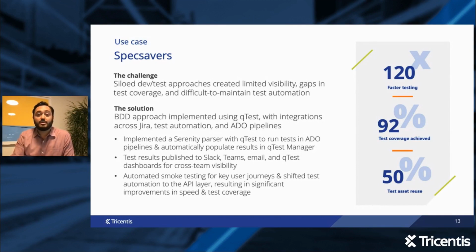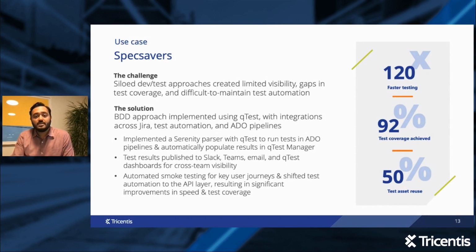They're now using parsers in Qtest Pulse to send the results of automated tests that were built using Serenity and other frameworks directly back into Qtest, their primary test management solution. These tests are run in DevOps pipelines or Azure DevOps pipelines, so it's critical that everyone has access to pass-fail results and can diagnose these tests pretty quickly. These results are then published to Slack, Teams, email, and also on shareable Qtest dashboards.